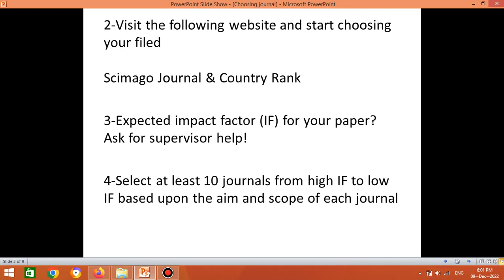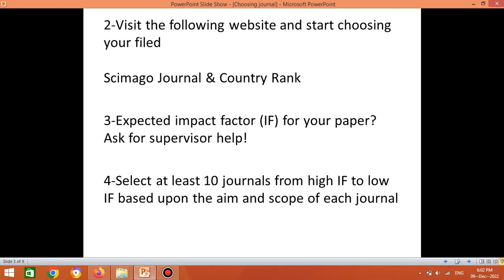What is the expected impact factor for your paper? If you are an early career researcher, you should not try high impact factor journals, and you should make a range of impact factor that you should aim for. You have to ask your supervisor for this.